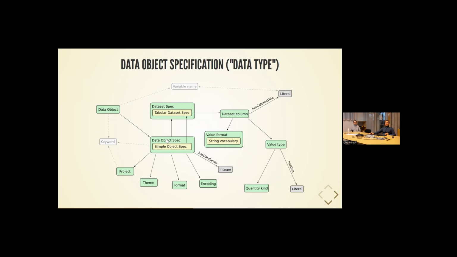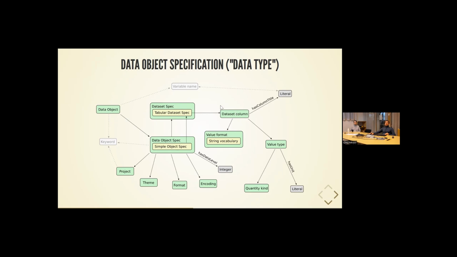And then for those where we know something about the structure, we have a so-called dataset specification, which is a collection of the dataset columns or dataset variables, depending on the kind. It could be a single table like a CSV time series, or it could be netcdf files.